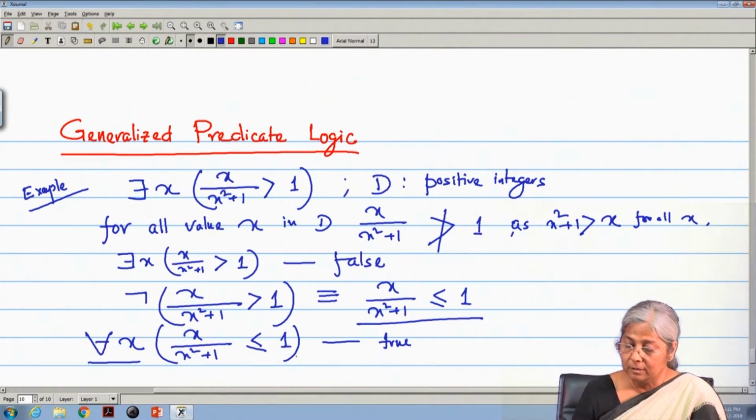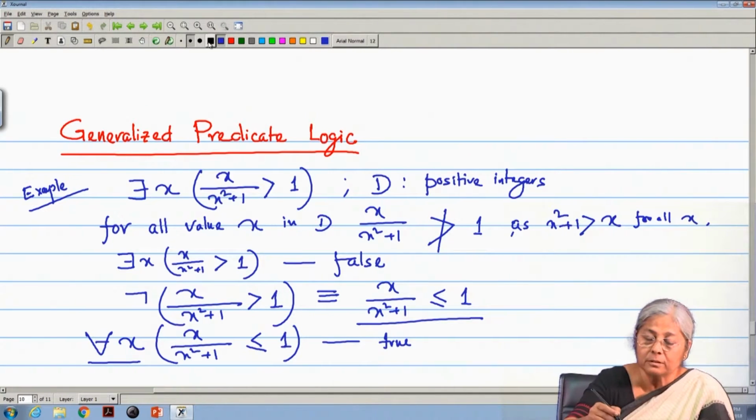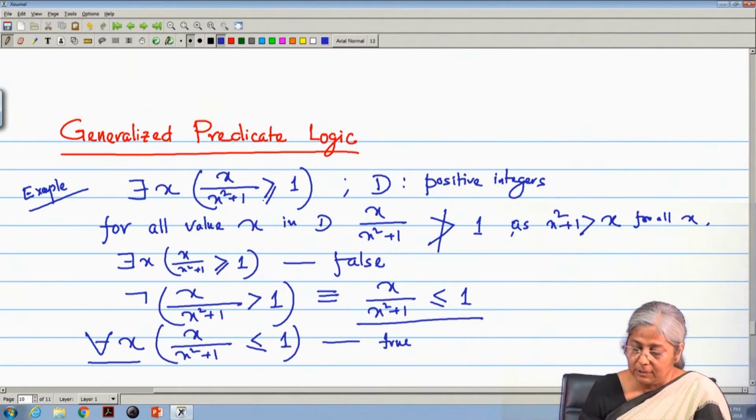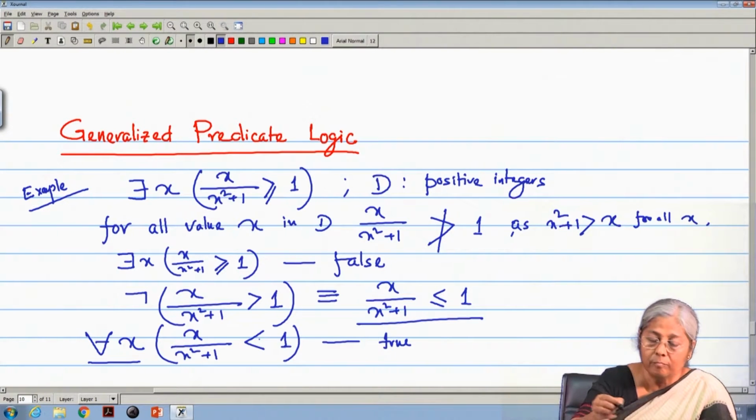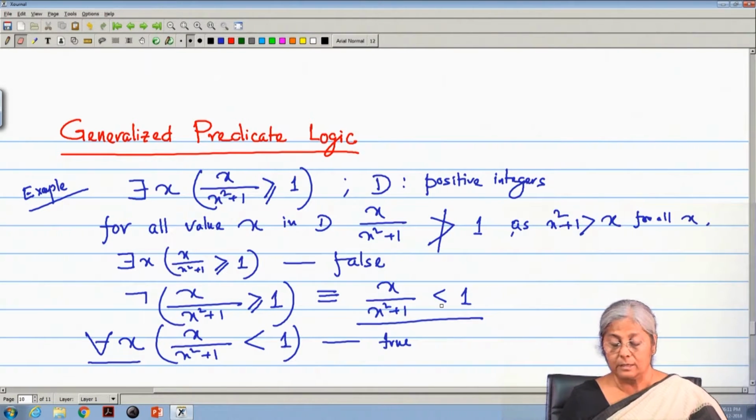So, if I take this thing as greater than or equal to 1, and the negation as less than 1, then I think we can tell that it is true, that means for x in D, this is true.